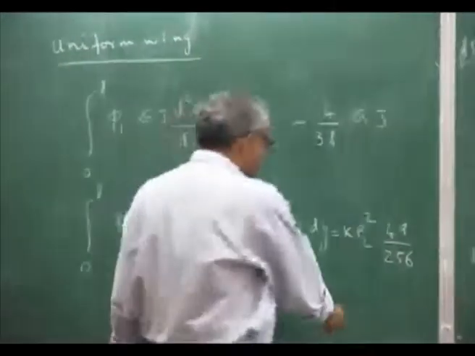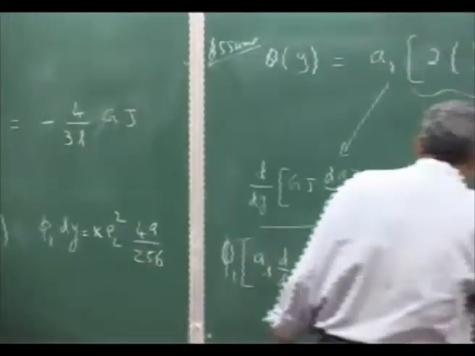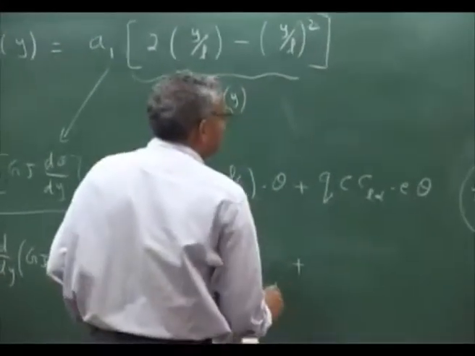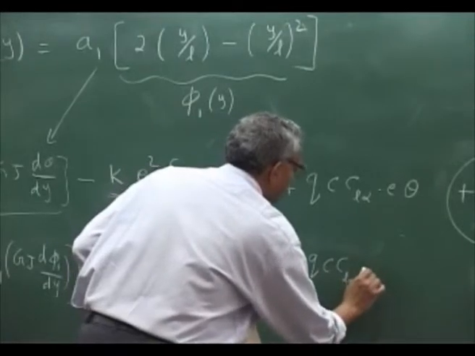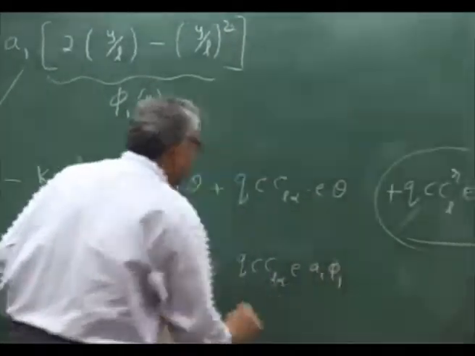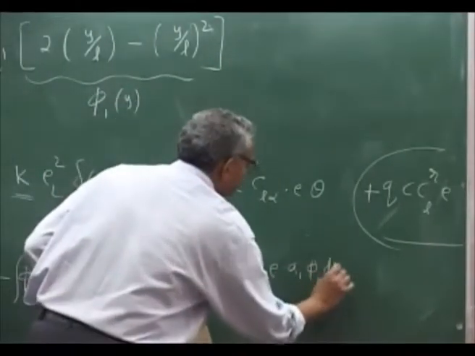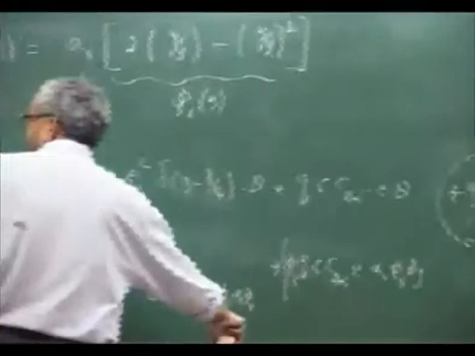Then you go to the third term. Third term will be, again, I erase this part, the boundary condition part. Third term will be plus, you will have again q, c, cl alpha, e, theta will be again a1 phi1, you are multiplying by phi1 and you are integrating again dy, okay. And that integral, I will write it here.